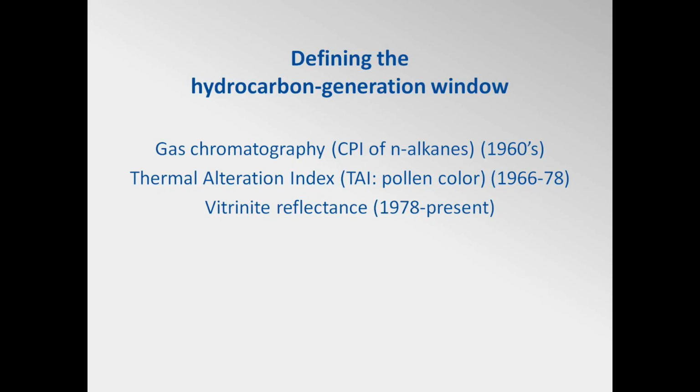We see here pollen grains changing from a yellowish color through orange to brown to finally black with increasing maturity. By the late 1970s, vitrinite reflectance had largely replaced TAI as the dominant method of assessing hydrocarbon generation quantitatively. And that has remained the dominant technique until pretty much the present day.